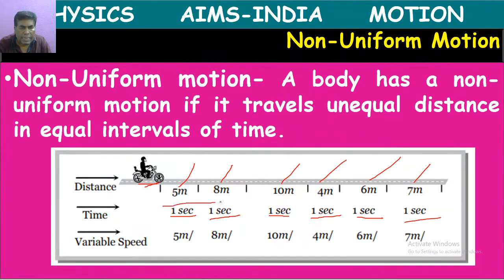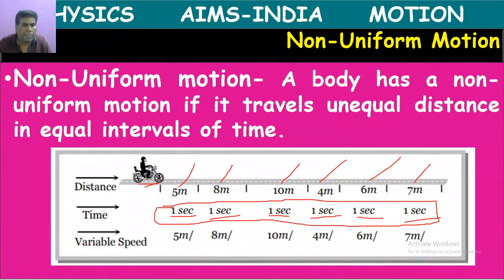So here the time intervals are the same, but the distances covered by the body are different. Means unequal distance. The body is covering unequal distance in equal intervals of time. So this is an example of non-uniform motion.